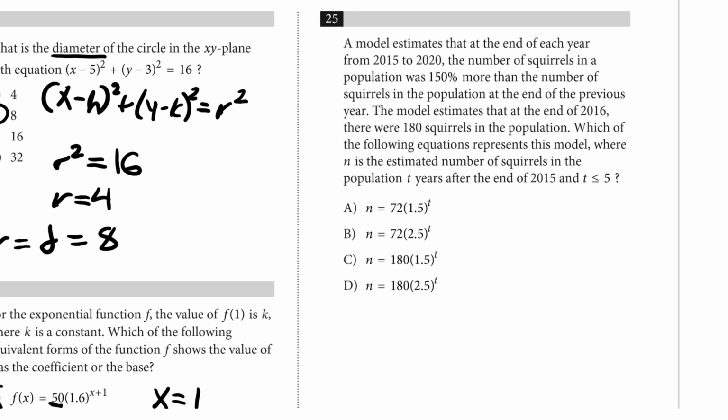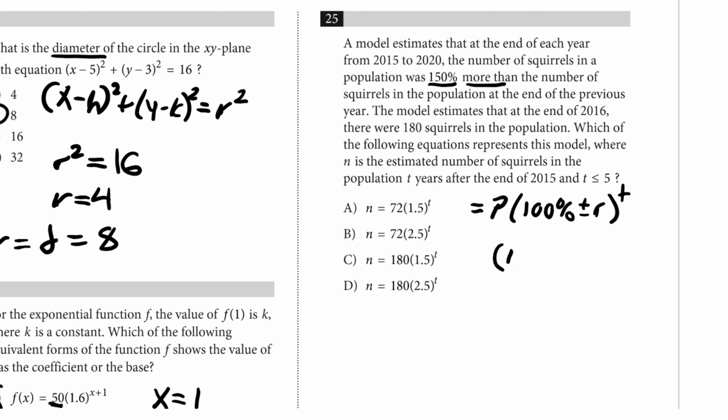So the first thing to consider when we have an exponential growth or decay question is the value is going to be equal to the principal times 100% plus or minus the rate, depending on whether it's an increase or a decrease, to the power of t. In this case, the population is 150% more than, so that means it's increasing by 150%.